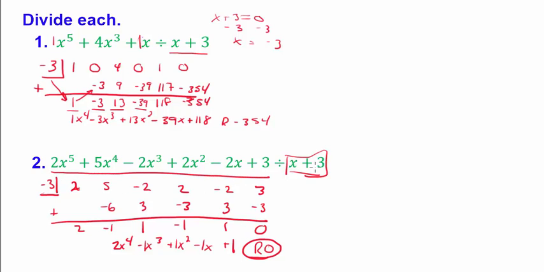What that means is that that long polynomial can be rewritten as 2x to the fourth minus x cubed plus x squared minus x plus 1 times this x plus 3. So again, if you have a remainder of 0, that x plus 3 is actually called a factor of that polynomial. When it's not a remainder of 0, it's not a factor.